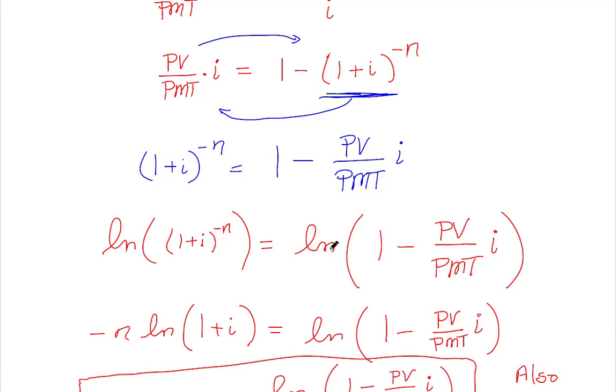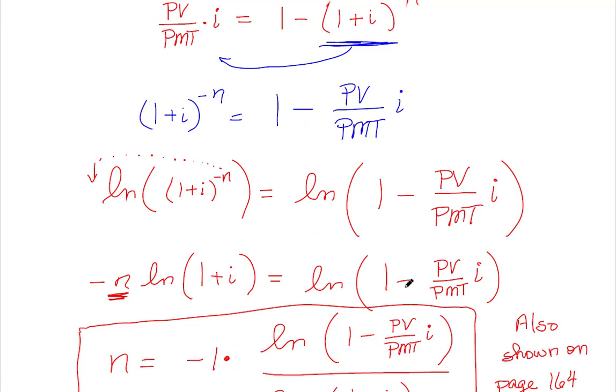I use the natural log to get the exponent to come in the front. Remember our properties of logs. The log of something raised to a power, this thing comes out into the front. And that's where you see it right there. And we get the ln of all this junk on the right.